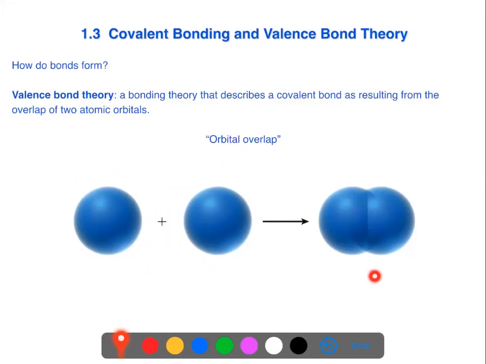If we want to form the diatomic hydrogen, H2, we think of this molecule as being the overlap of two 1s orbitals. Overlapping the 1s orbital of one hydrogen atom with the 1s orbital of a second hydrogen atom results in the formation of a covalent bond.